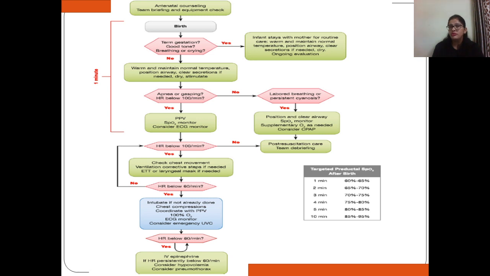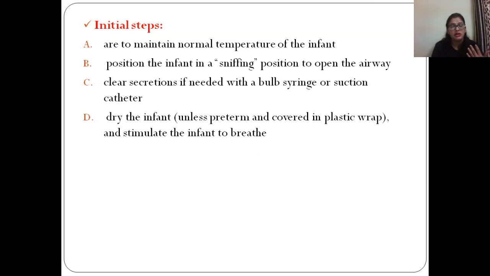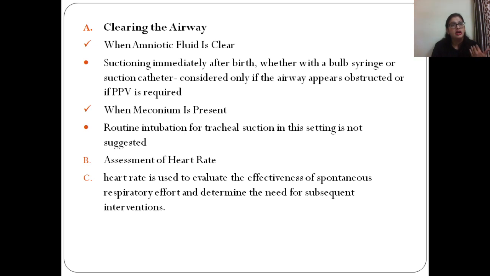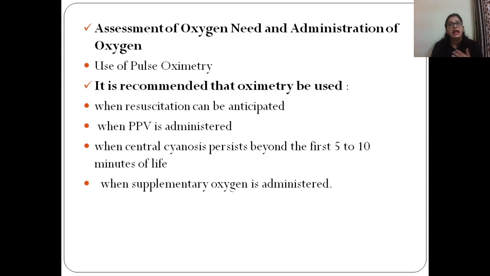So you should not be overzealous in giving oxygen to the baby, because even giving oxygen can cause free radical injury. It is implicated in the causation of retinopathy of prematurity in preterms, and hence excess of oxygen should be prevented.